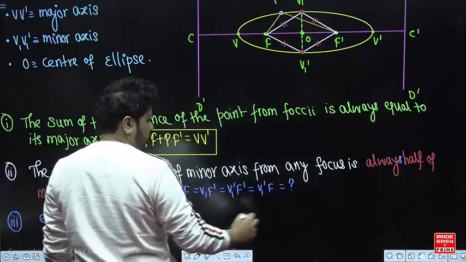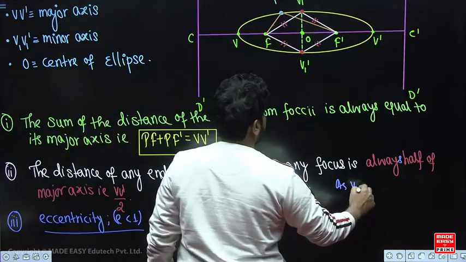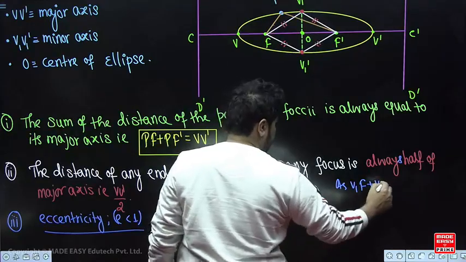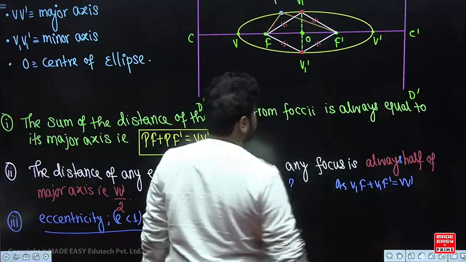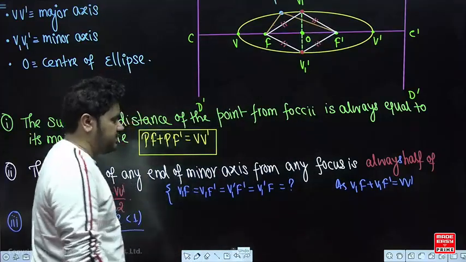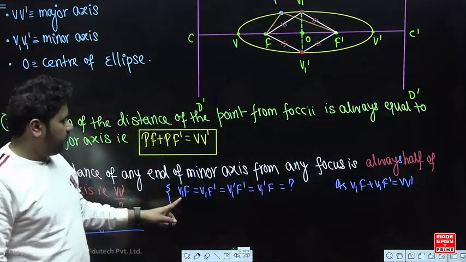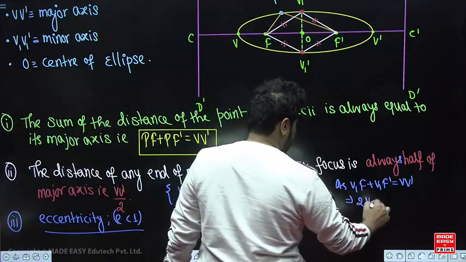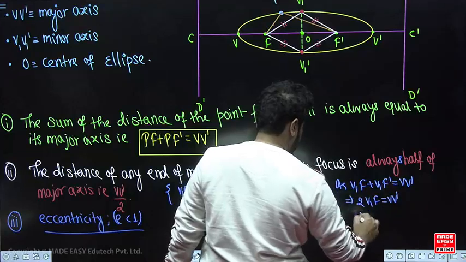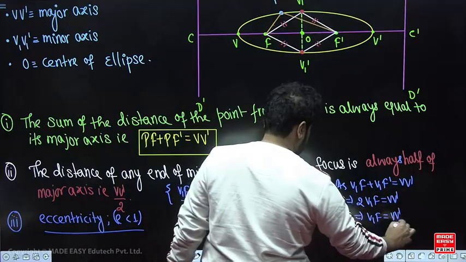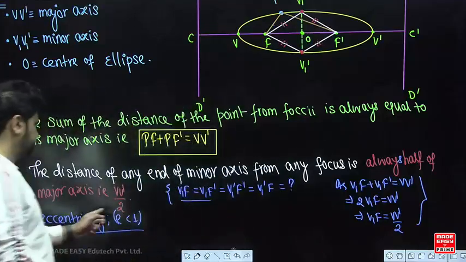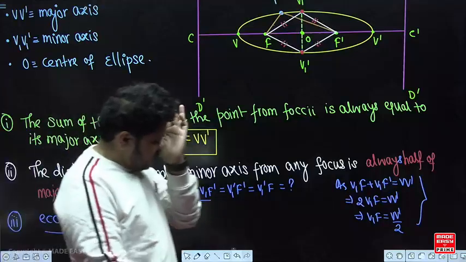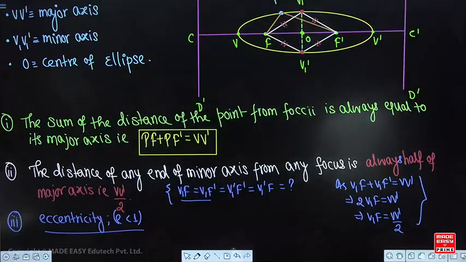This is the question. We know that V1F plus V1F dash is VV dash, isn't it? From the first point we know that V1F and V1F dash both are equal, so therefore I can say that 2 times V1F is equal to VV dash. So what is V1F? V1F is equal to VV dash by 2. So this is what I have written here, it is half of my major axis. Simple maths, you don't have to do anything. बताओ, clear है?